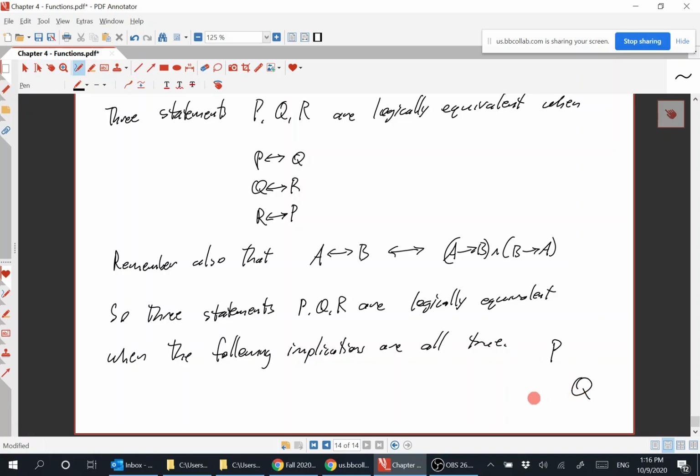We'll put them in a triangle, P, Q, R. So P implies Q, Q implies P, R implies Q, Q implies R, R implies P, P implies R. But do we need to prove 6 implication statements? Or is there a smaller set that we can prove? Well, actually you only need 3 or 4.